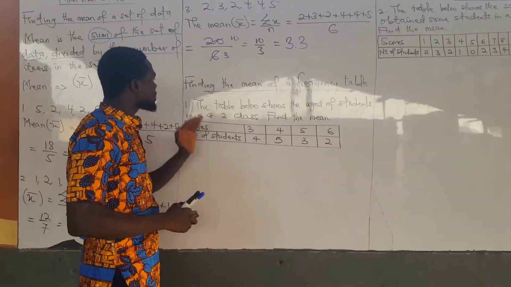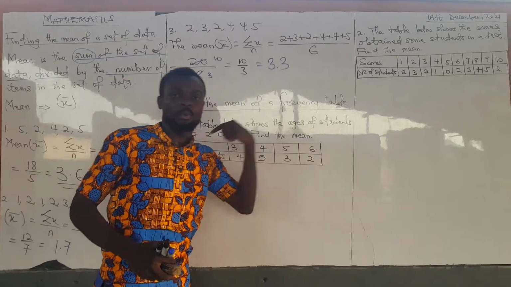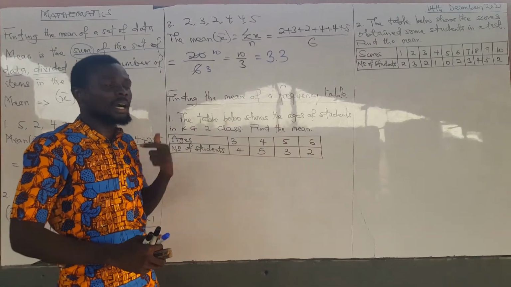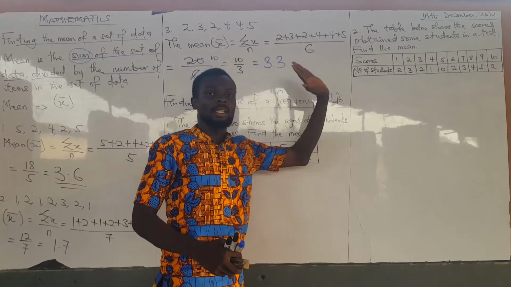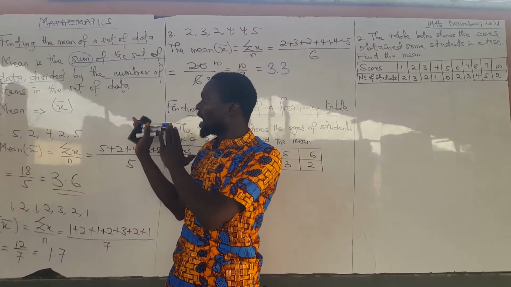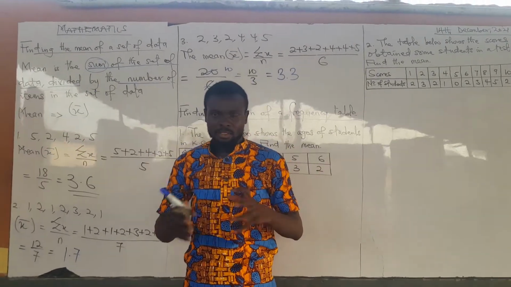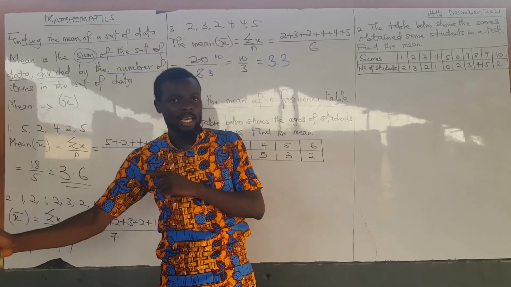Now we want to look at finding the mean of a frequency table. How can we find the mean of a frequency table? With the same thing we have here, the sum of the set of data over the number of items.